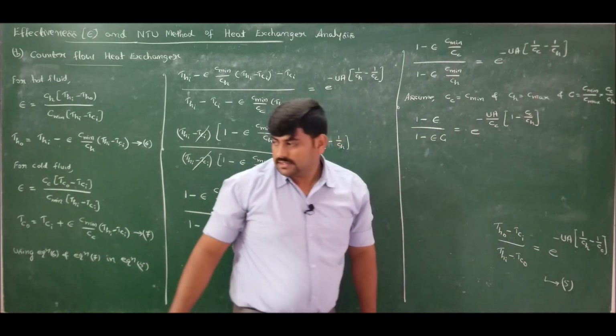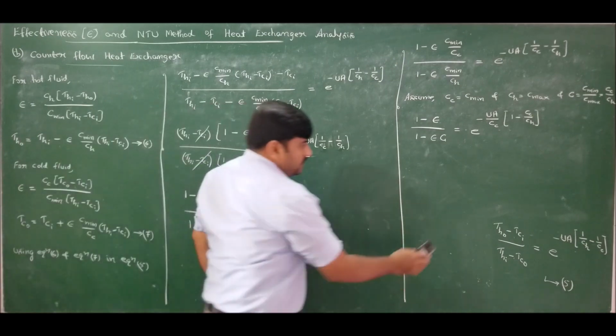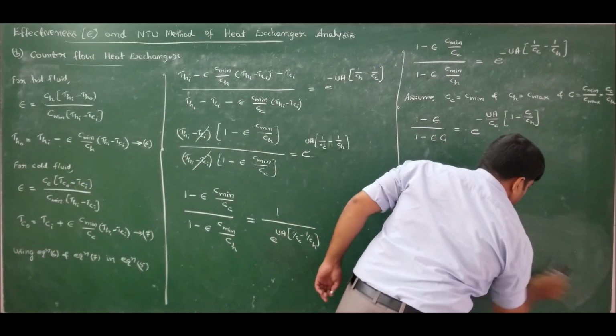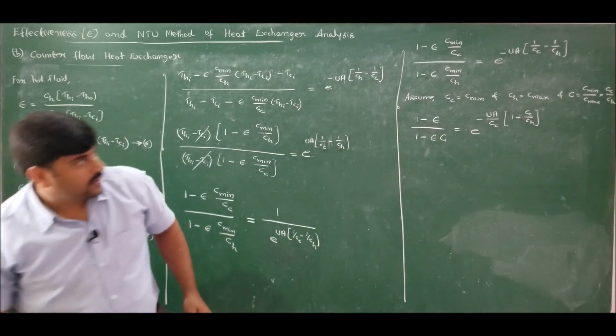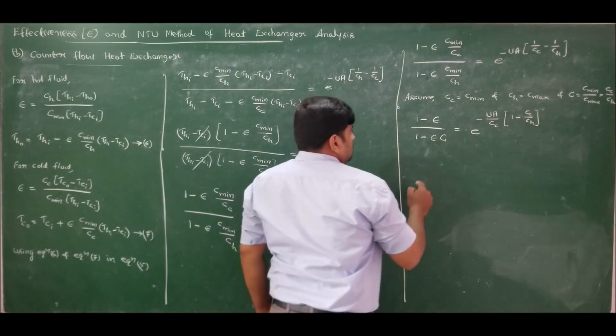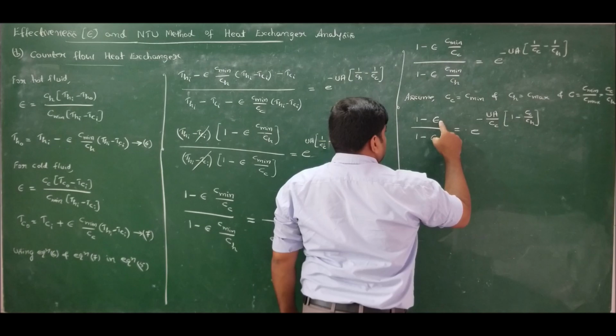Now eliminate this equation 5, which is not necessary, so thereby I can arrive at the equation. So now I want to get the equation for epsilon, right?